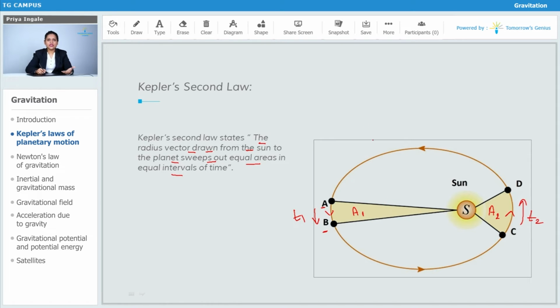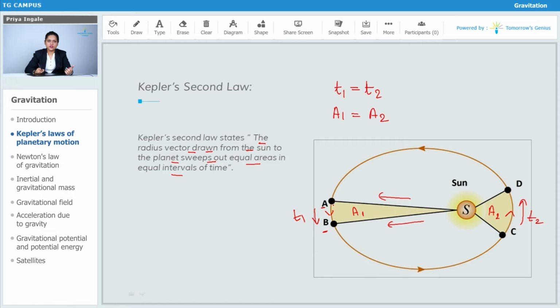And if that time taken is the same, like T1 is equal to T2, so these two intervals are the same, then according to Kepler's second law, area A1 must be equal to area A2. Again, see the statement. The radius vector drawn from the sun to the planet. Here, if this is the point S and this is point A, SA and SB will be the radius vectors.